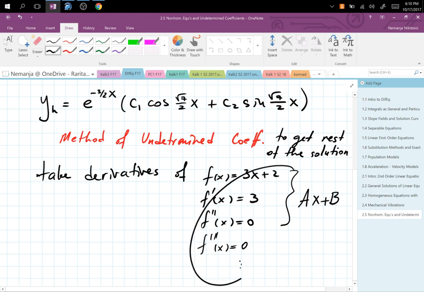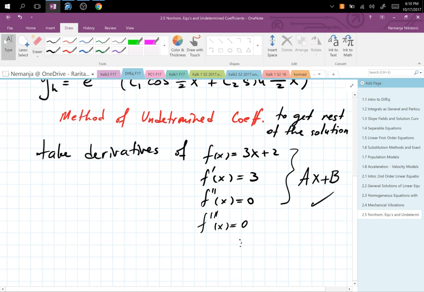All of these infinitely many derivatives you are taking are going to fall into this pattern. So we are creating yp as ax plus b, and there are your undetermined coefficients, a and b. We need to figure those out. The way you figure those out is you plug this into the differential equation. I'm going to write that in red because that is your procedure.